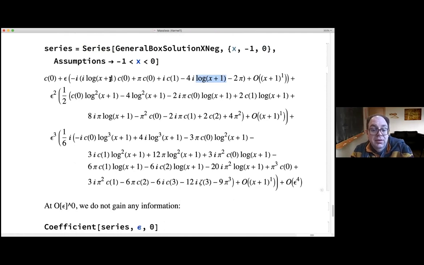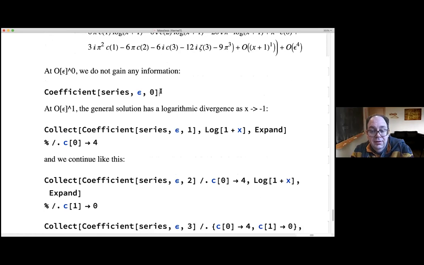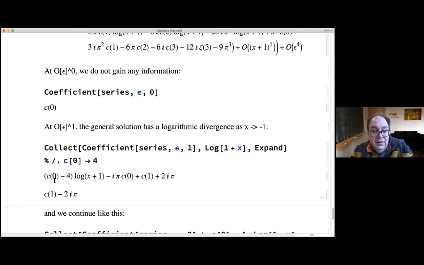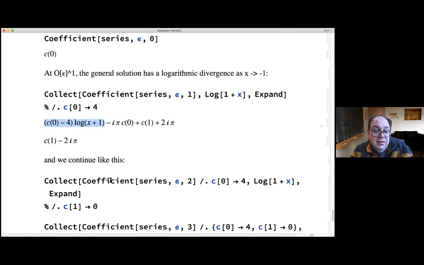So let's go ahead and look at it order by order. In leading order in epsilon, there's no constraint. If I go to first order in epsilon, and I look at the coefficient of log 1 plus x, there is a non-zero coefficient. So I must choose C0 such that this term goes away, because there should be no singularity as x goes to -1.